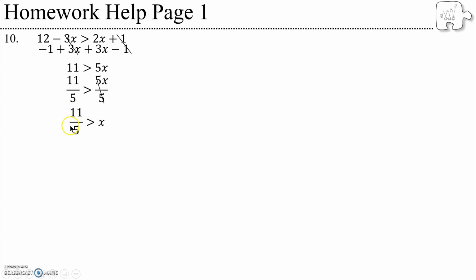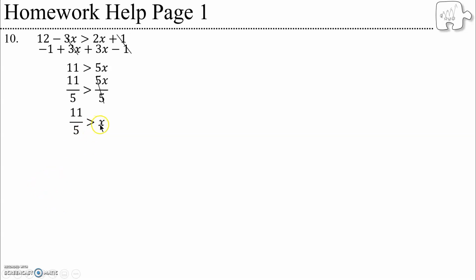If you were using the number line, you'd probably want to convert this to a decimal so you could find 2.2. You'd make an arrow going to the right. Also remember that whenever you graph inequalities, if it's strictly greater than or strictly less than, meaning an inequality without that line underneath, then your dot is open.